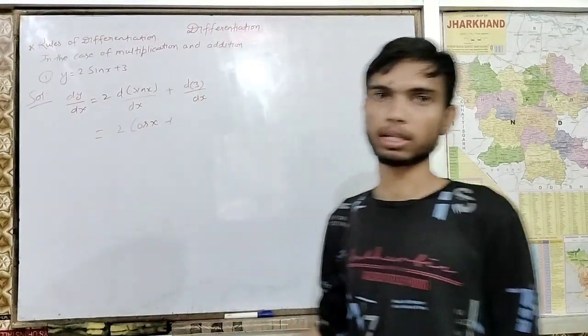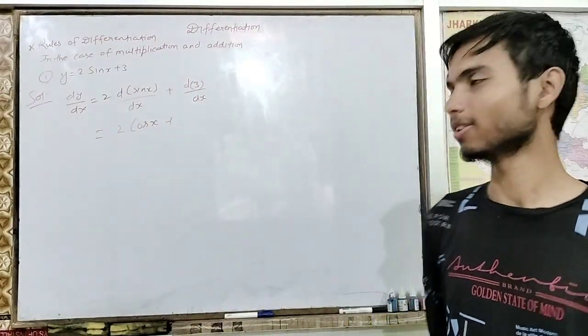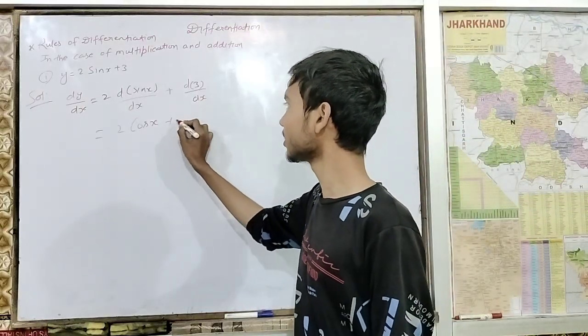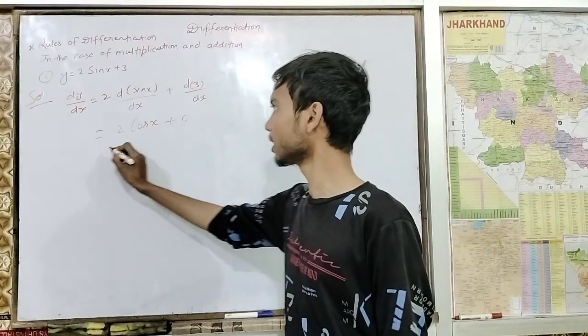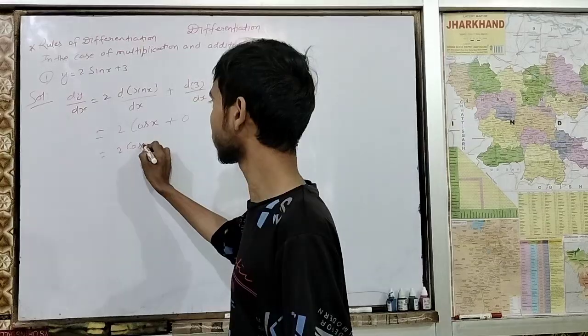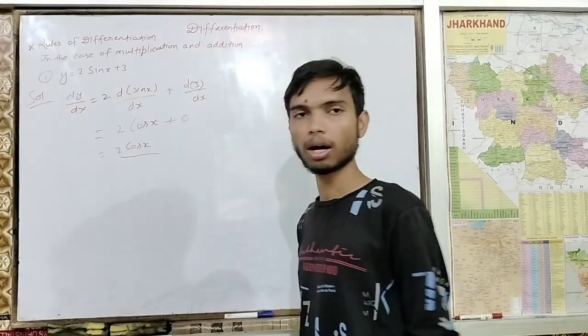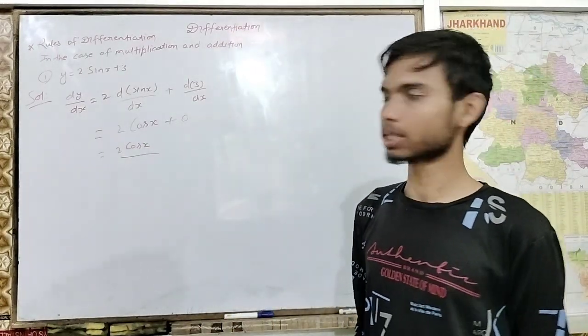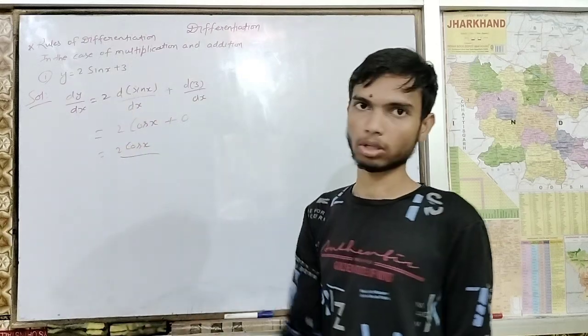And 3 is a constant, so this will be 0. At the end you are getting 2 cos x. This is your result as output, and this was your input.